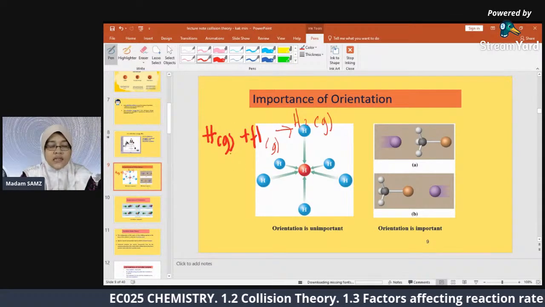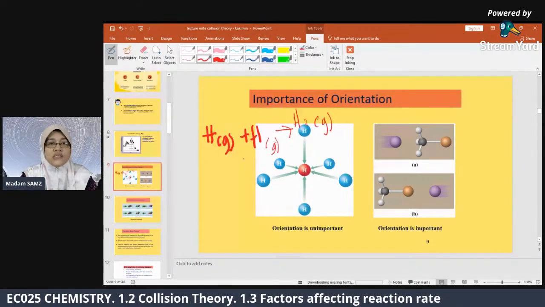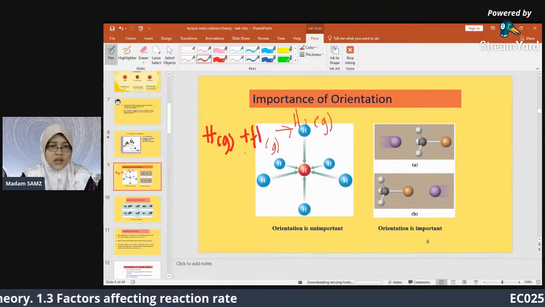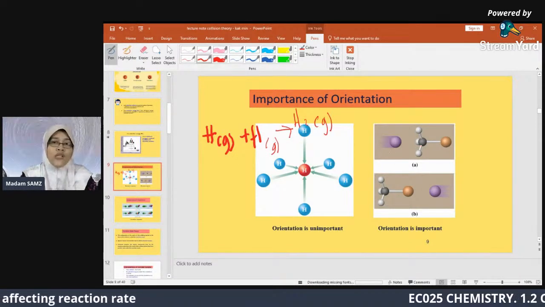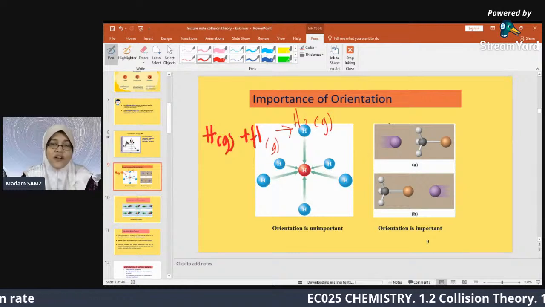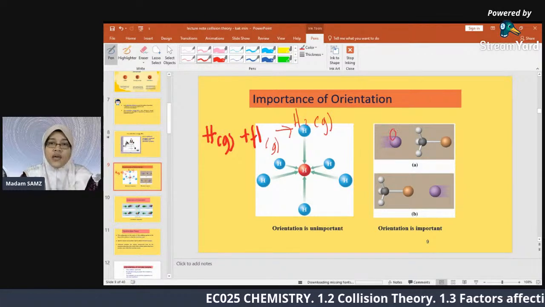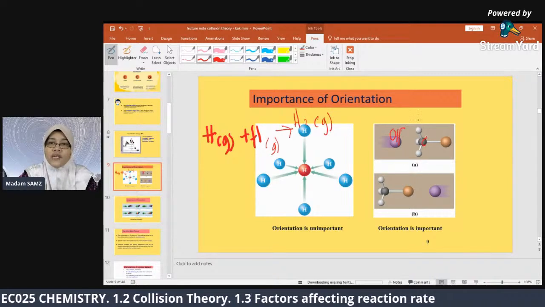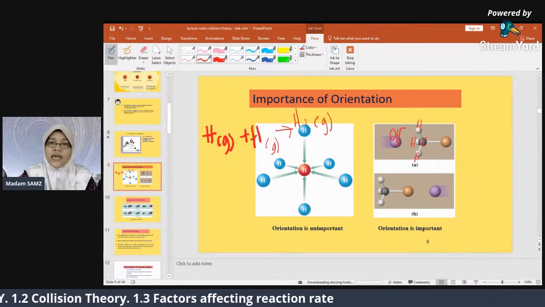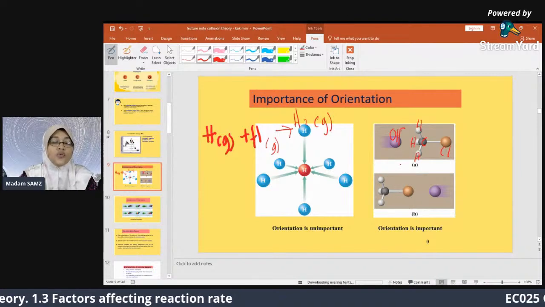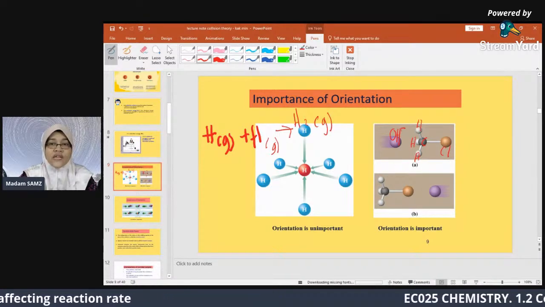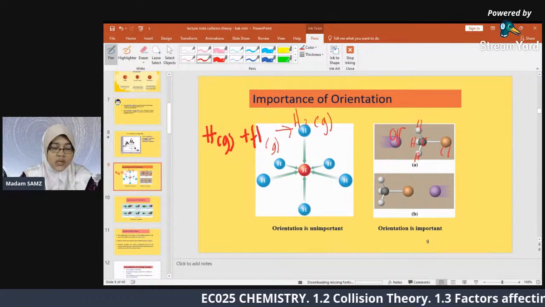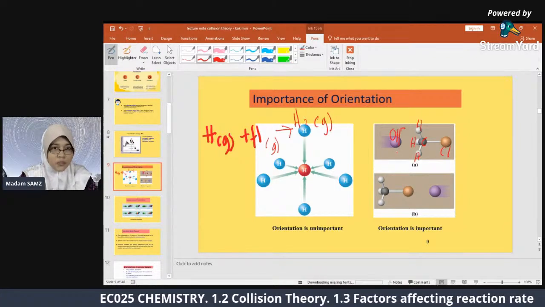In this case, the orientation is unimportant because the hydrogen is the same. But when you have two or more types of reactants, for example here you have OH minus and you have CH3Cl, so we have two types of reactants. In this case, the orientation is important in order to form a product.